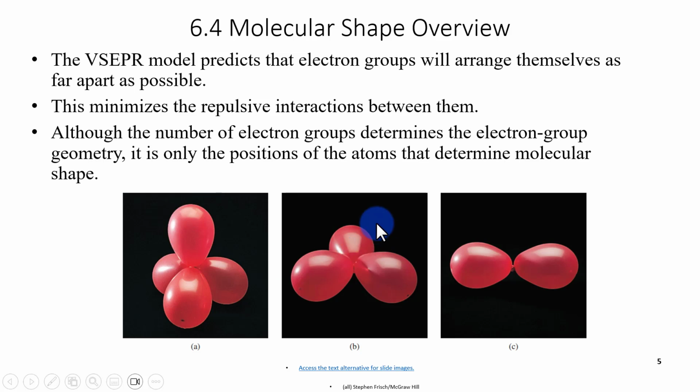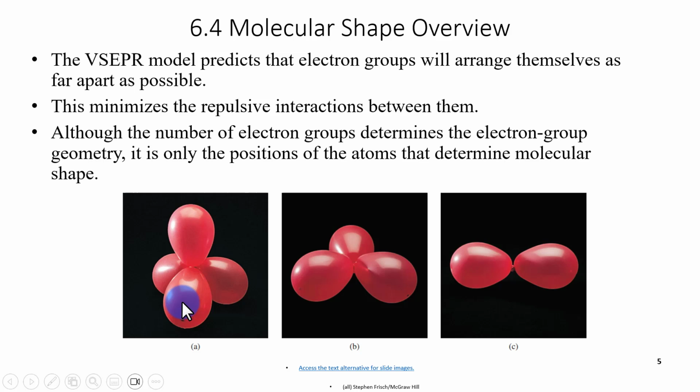This is a simple pictorial using balloons to illustrate electron groups. If I have two electron groups around that central atom, you can see that the way for them to be as far apart as possible is to be 180 degrees away from each other. If I have three electron groups around the central atom, they are going to arrange themselves in a plane, a trigonal planar shape, where the terminal atoms are at the edges of the triangle and my central atom is right in the middle of that triangle.